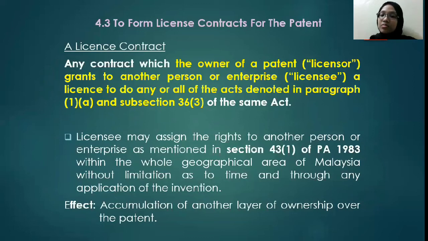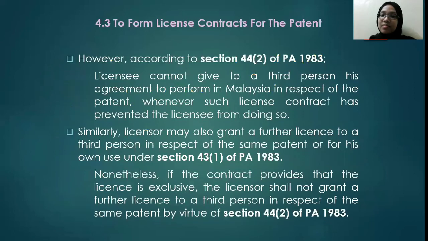It leads to accumulation of another layer of ownership over the patent. However, according to Section 44(2) of the same Patent Act, licensee cannot give to a third person his agreement to perform in Malaysia in respect of the patent whenever such license contract has prevented the licensee from doing so.